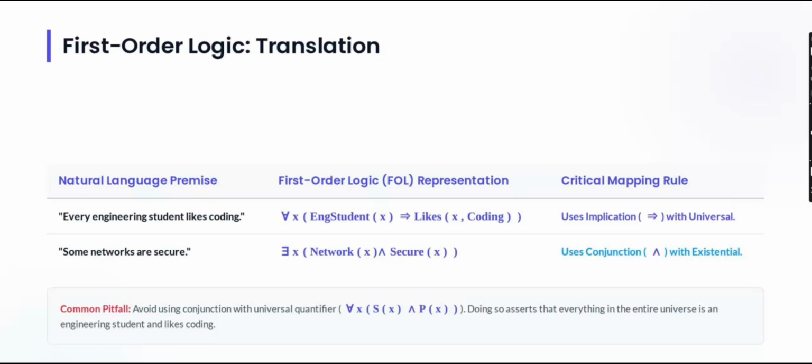Second, we have some networks are secure. Over here, we can say that the word some represents the existential quantifier, that is the backward E. It tells the computer that some networks exist that are secure. In this way, we can execute first order logic, or we can translate first order logic into our everyday basic English.